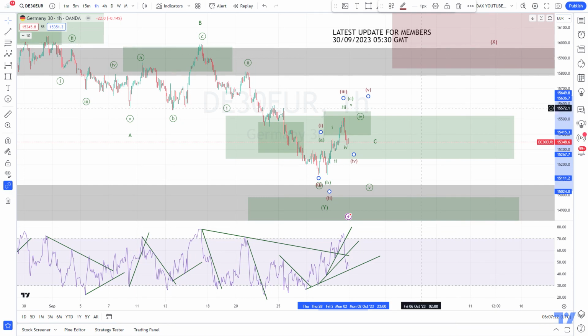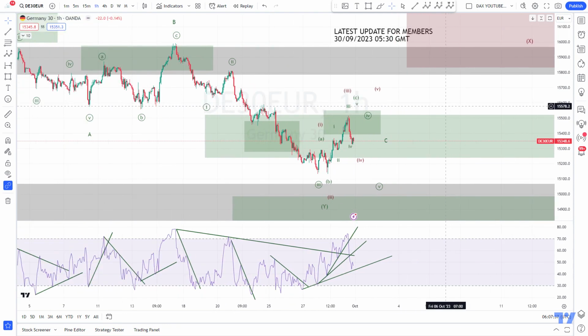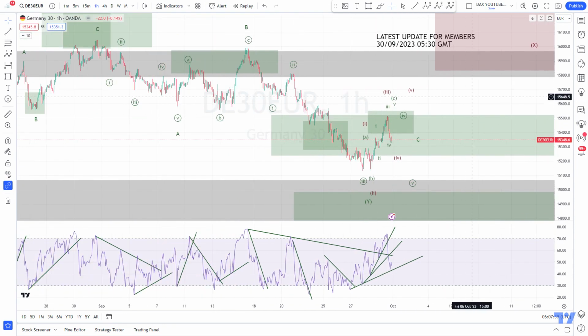So a corrective move here as a wave X, A, B, C, or it can be the first impulse of an impulsive move up. That's also possible. We have to see on Monday.